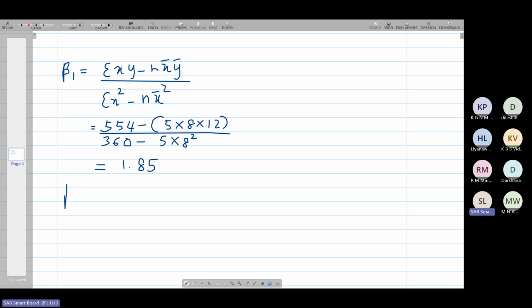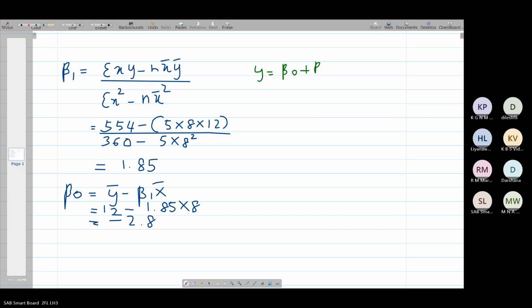Then calculate beta naught: y bar minus beta 1 x bar, which is 12 minus 1.85 into 8, giving minus 2.8.